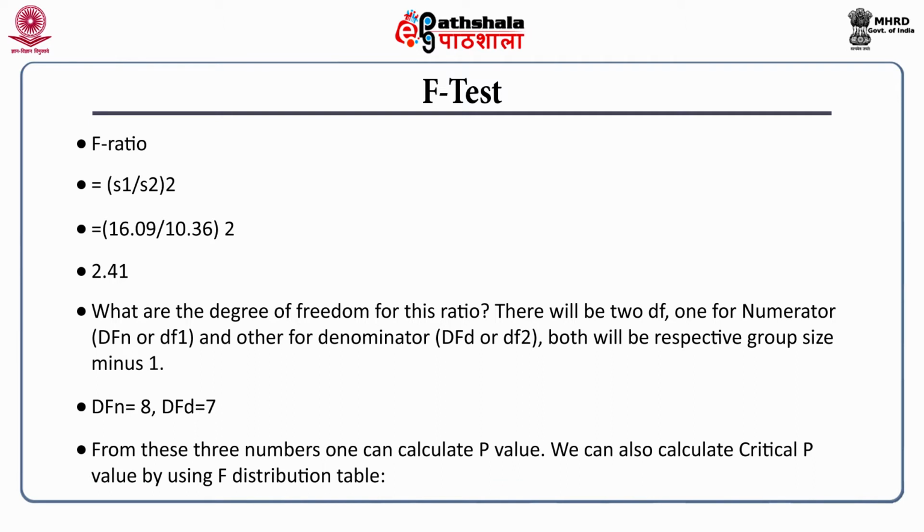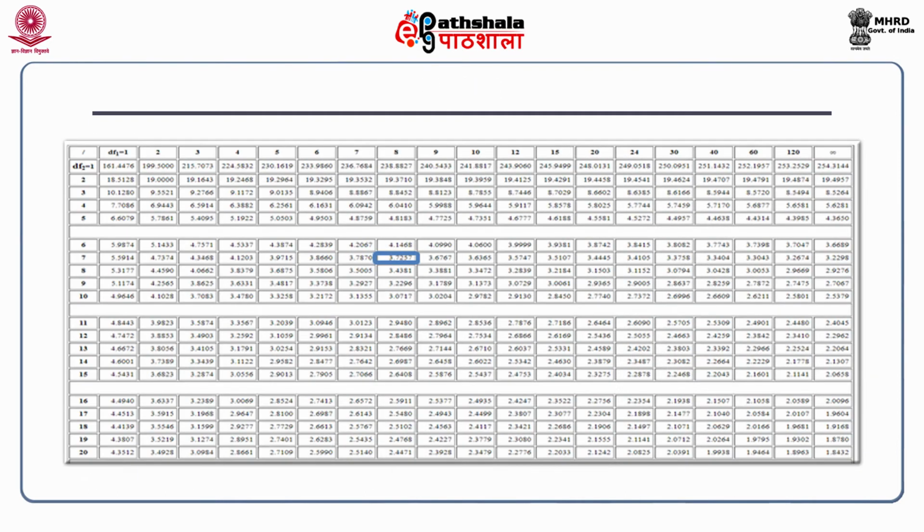From these three numbers, the degree of freedom numerator, the degree of freedom denominator, and the significance level, which is normally 0.05, one can calculate the p-value. We can also find the critical value using the F distribution table. So we are comparing the F ratio with the critical value of that F ratio.